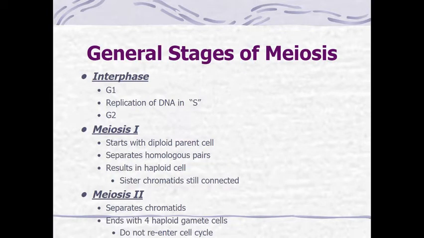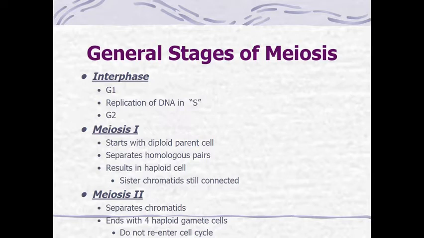So in general, the stages of meiosis include interphase. So the parent cell will still go through G1, S, and G2, and then it'll go into the first half of meiosis, which we call meiosis 1. Meiosis 1 will start with that diploid parent cell. It will separate the homologous pairs and result in a haploid cell.